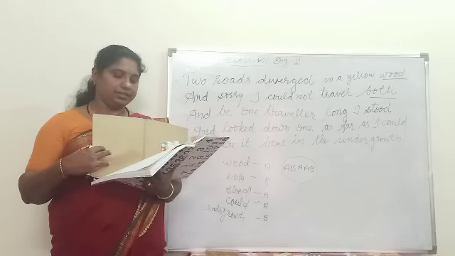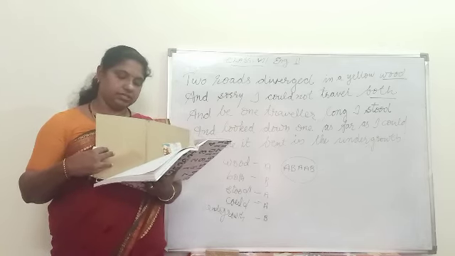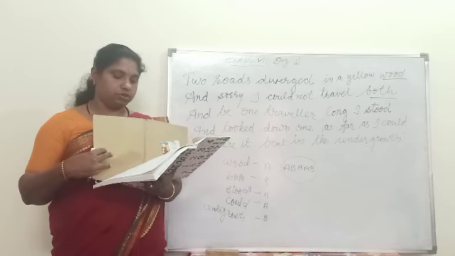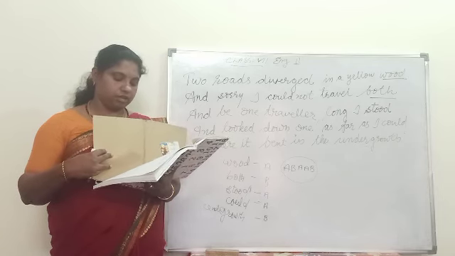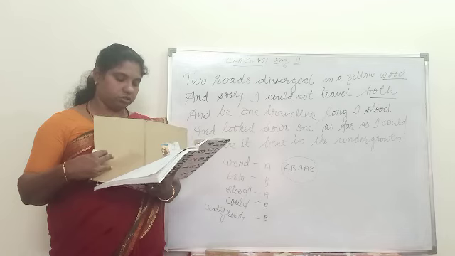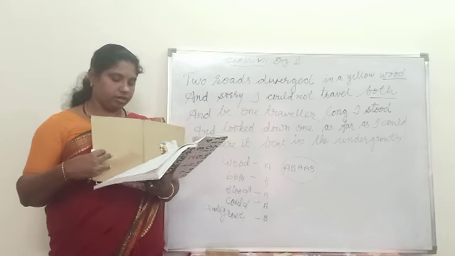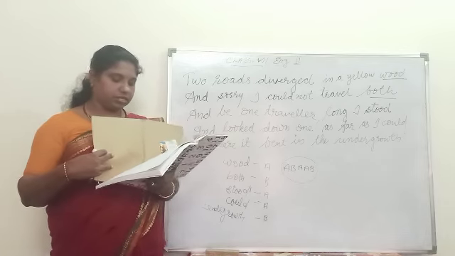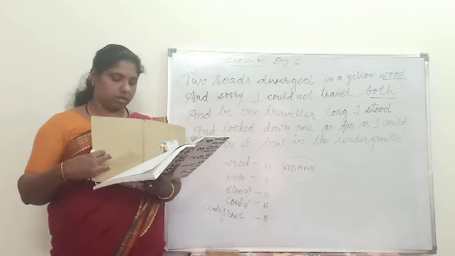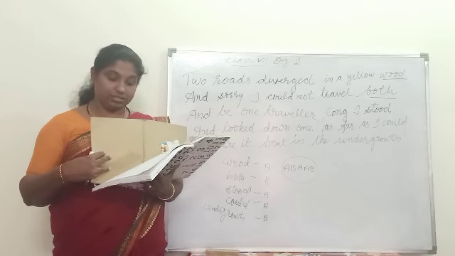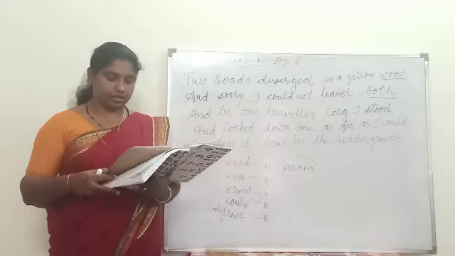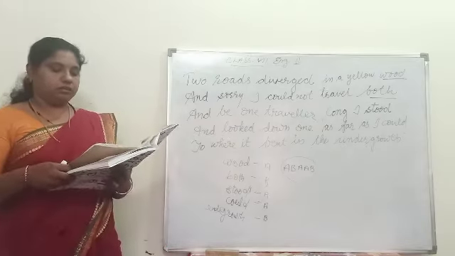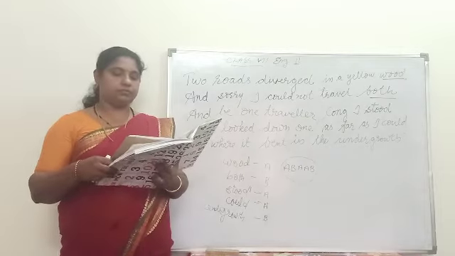"I shall be telling this with a sigh somewhere ages and ages hence: two roads diverged in a wood, and I took the one less travelled by, and that has made all the difference." A. What would the poet be telling with a sigh? Is it a sigh of relief or a sigh of regret? Answer.